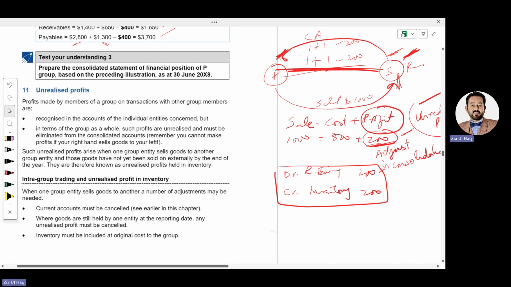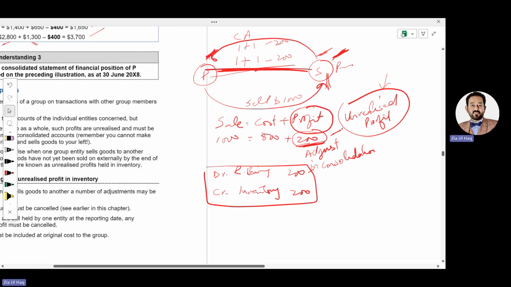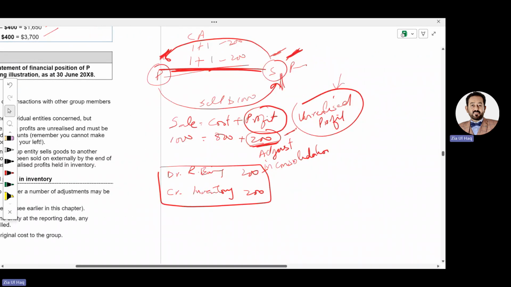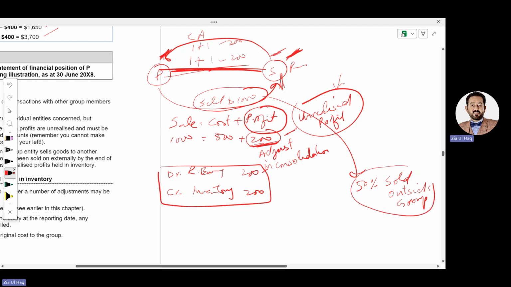Now suppose there were intergroup transactions of 1,000. Out of this, 50% was sold outside the group. That means the subsidiary sold half of that 1000 inventory to outsiders.